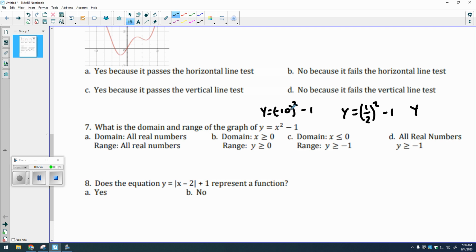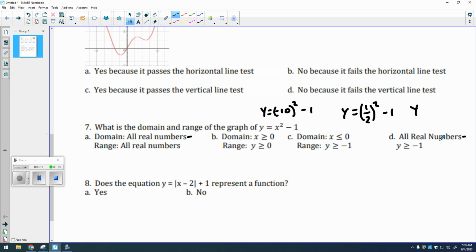No. I can put in a fraction, I can put in a positive number, I can put in a negative number, I can put in a decimal. There's no restriction on the type of number that I can square. Okay, so the domain of y equals x squared minus 1 is all real numbers. So my answers are now limited to either A or D.